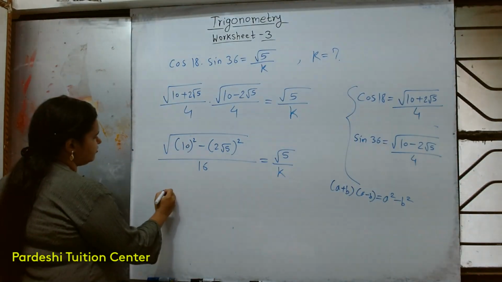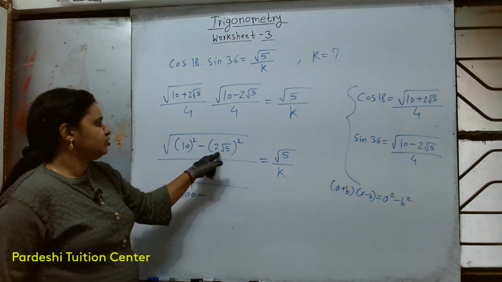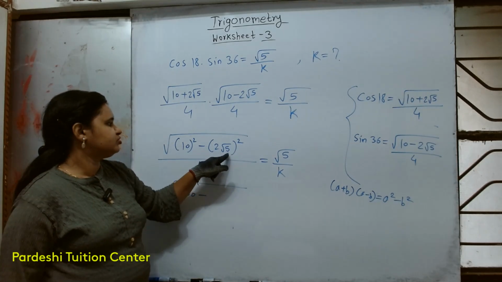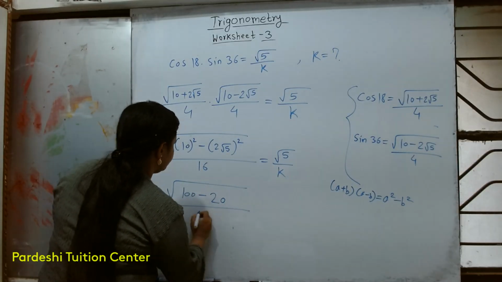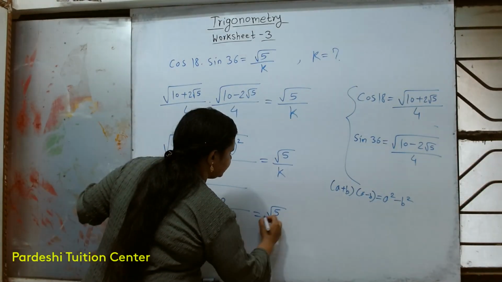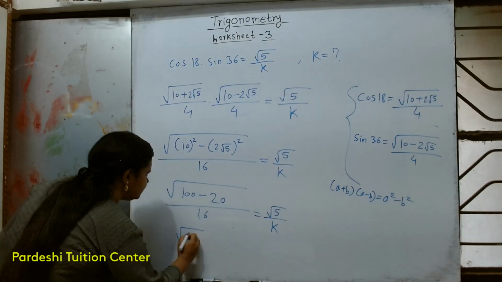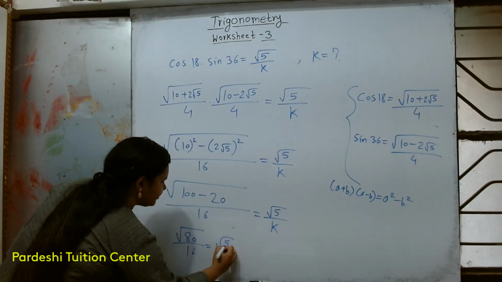Now, further solving, 10 square is 100 minus 2 square is 4 and root 5 square is 5, so 5 fours are 20, upon 16 equals root 5 by k. Now 100 minus 20 is under root of 80 upon 16 equals root 5 by k.